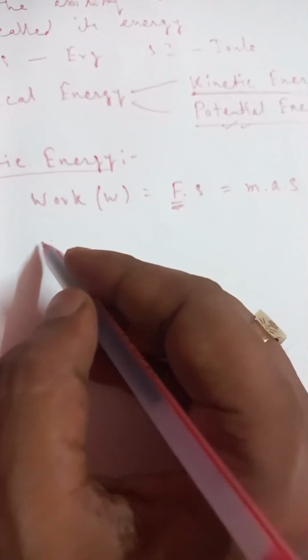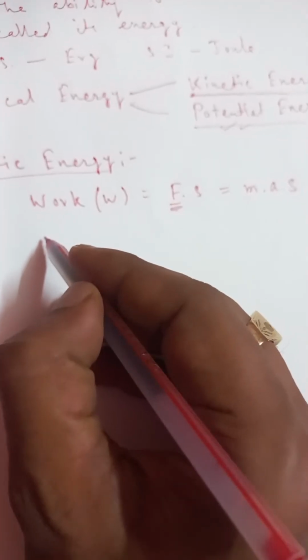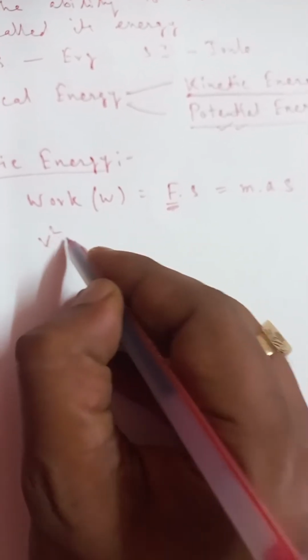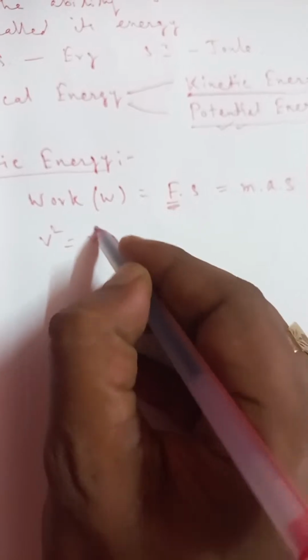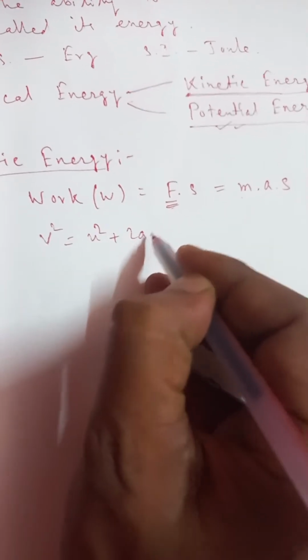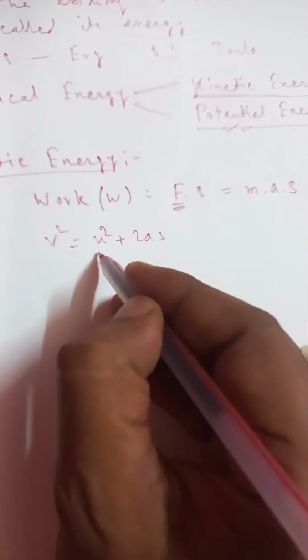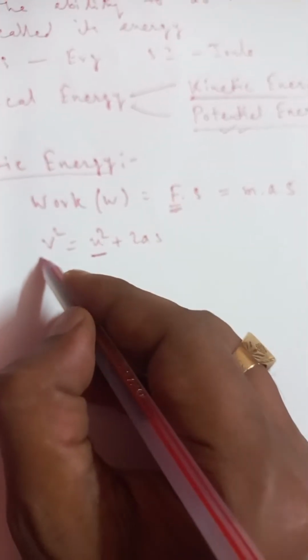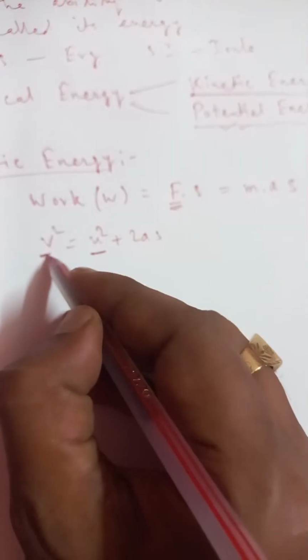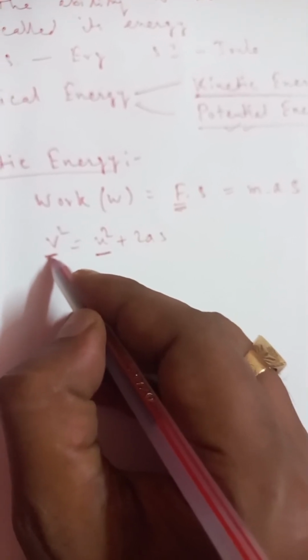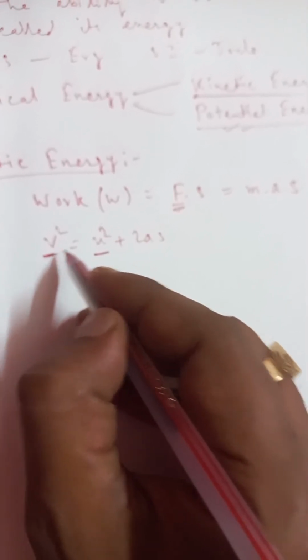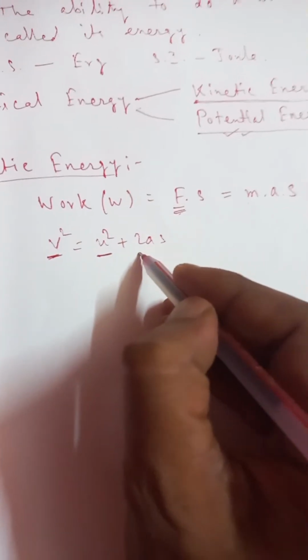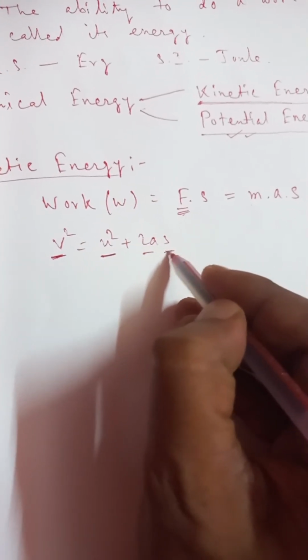Now we know another relation, v square is equal to u square plus 2as, where u is the initial velocity, v is the final velocity, a is the acceleration, and s is the displacement.